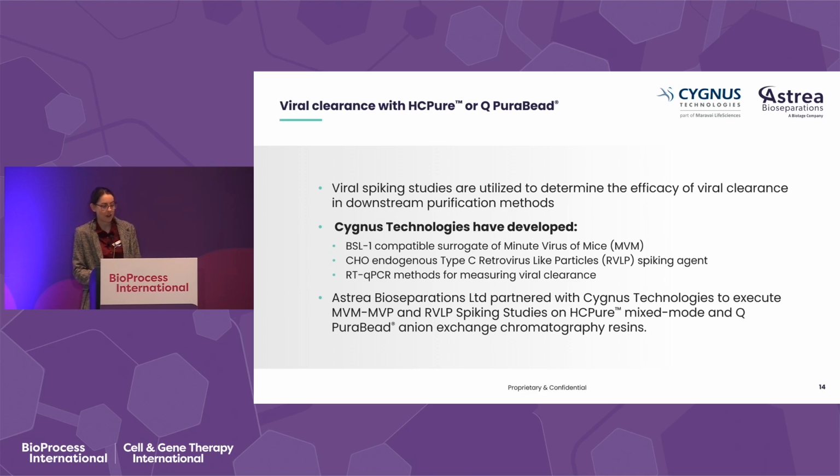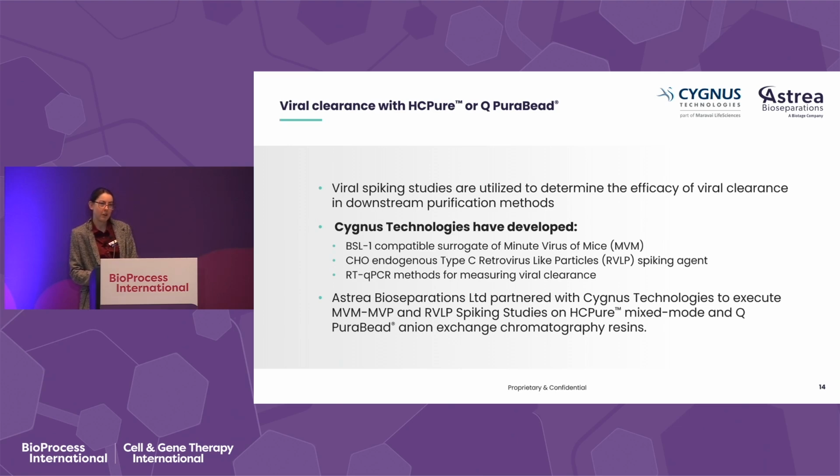So those viral spiking studies are generally done in partnership with specialist CROs, and that can have a high cost associated with it, but also scheduling can be a problem. You can be waiting months in order to be able to get your project set up with a CRO.